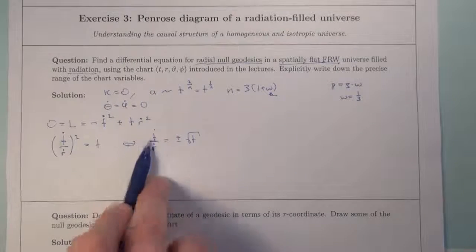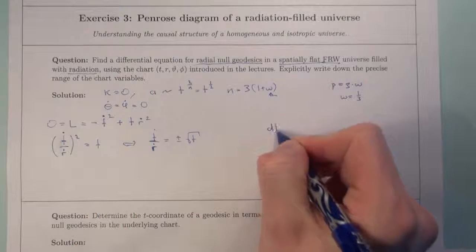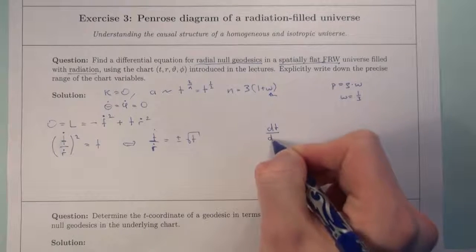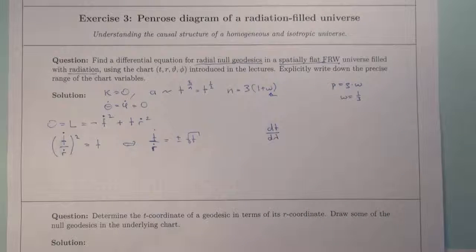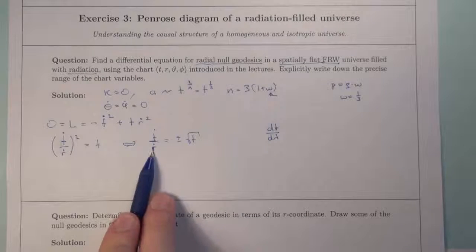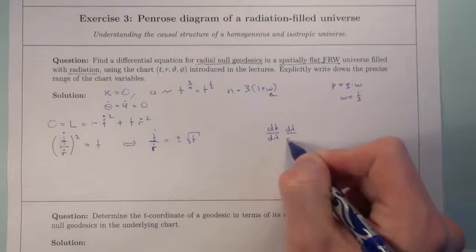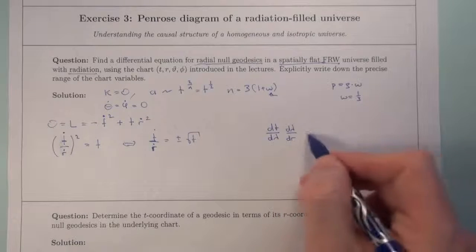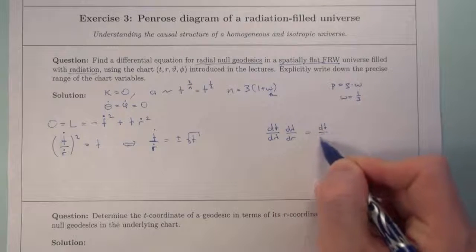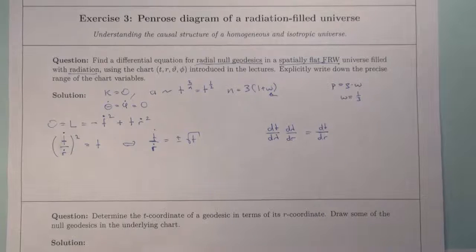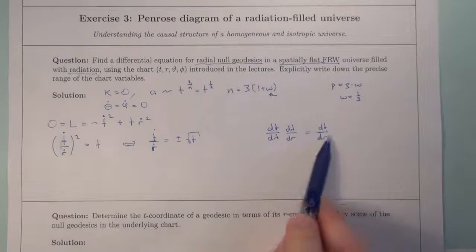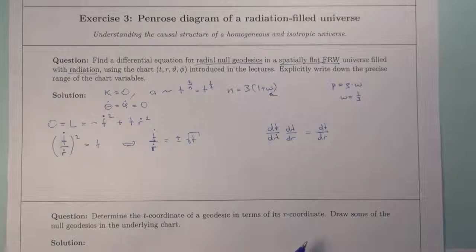Now we look at this expression, that is dt over d lambda, if we call the parameter lambda, and in the denominator r dot is just d lambda over dr. After application of the chain rule, this is dt by dr. So we have the differential form of this equation.